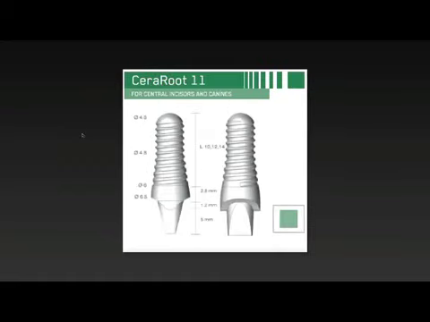CeraRoot 11 is the larger central incisor or canine, 4.8 at the apex, 6 millimeters at the crest, at the last thread, and a 6.5 millimeter platform. And again, this is for use with the larger teeth, as well as use with sometimes a smaller molar, or there are other indications for this implant.